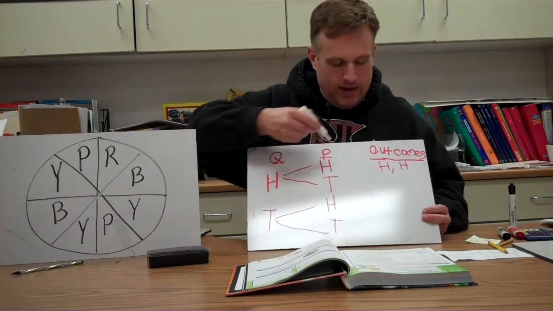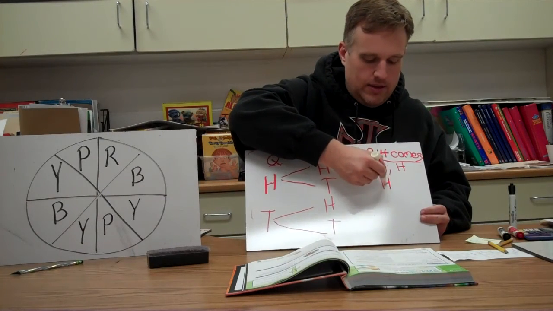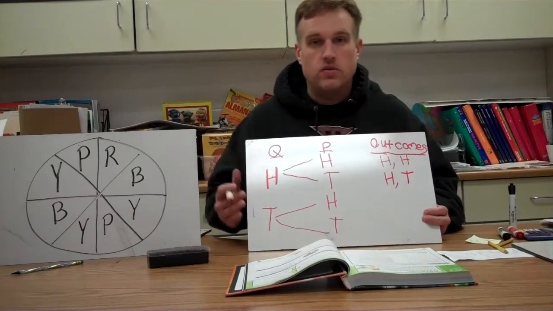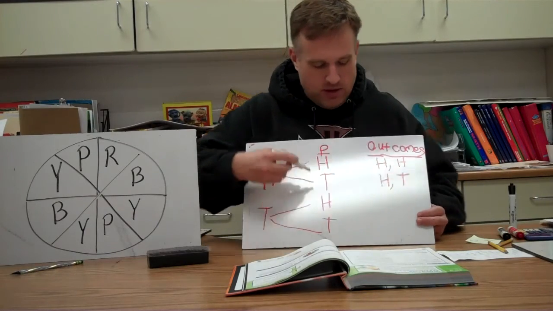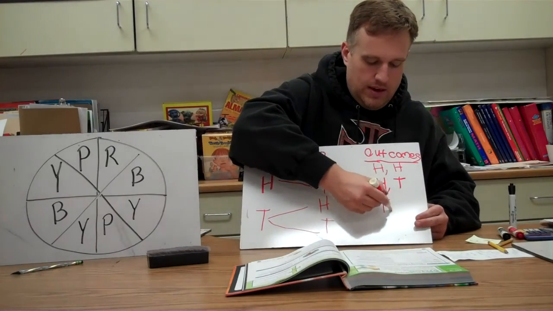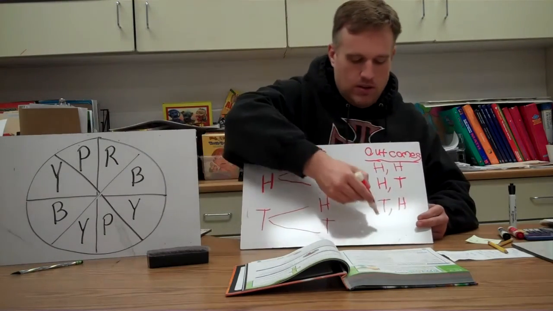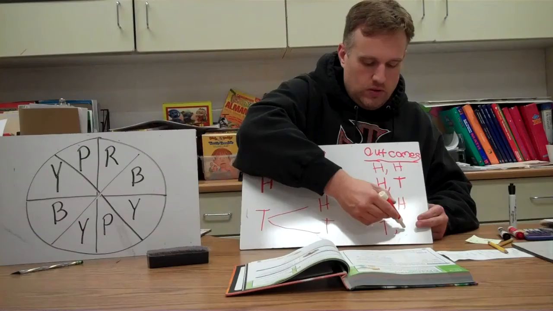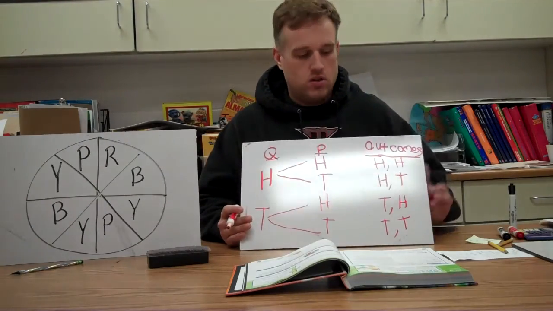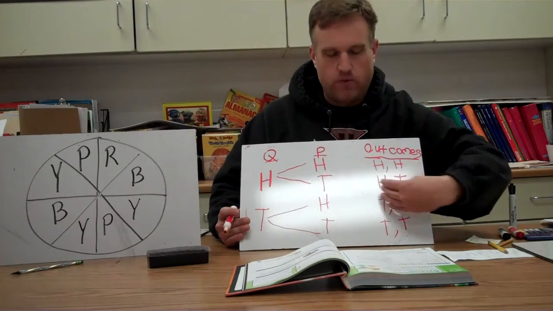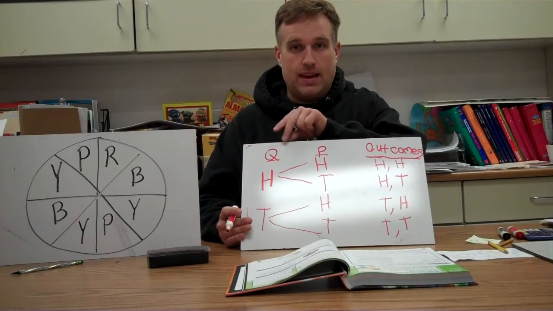If I land on a heads, tails, it's just a heads, tails. If I land on a tails, heads, heads. And if I land on a tails, tails. So these are all my outcomes just broken down over here.